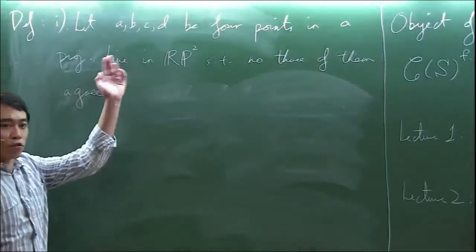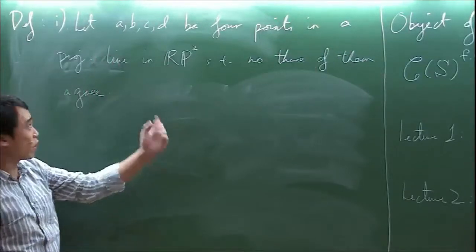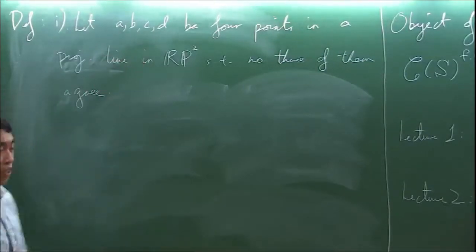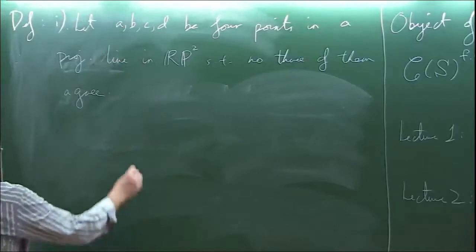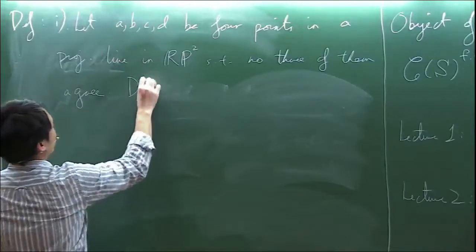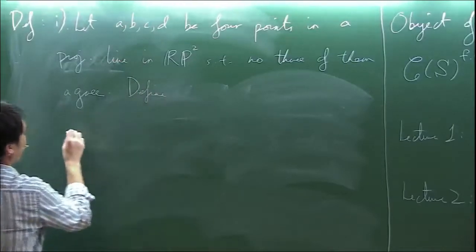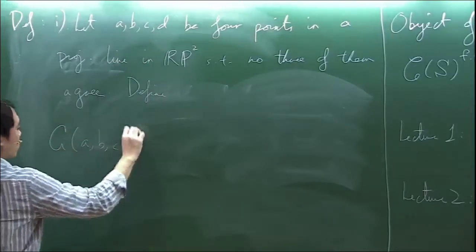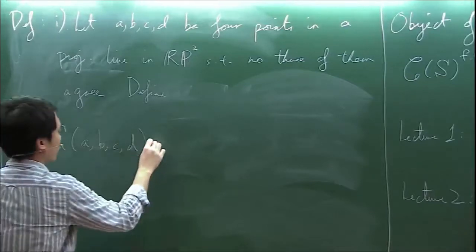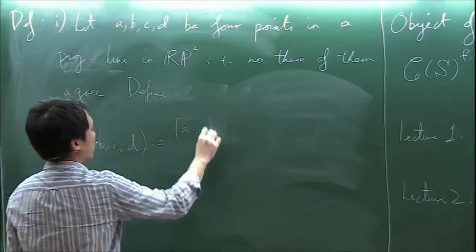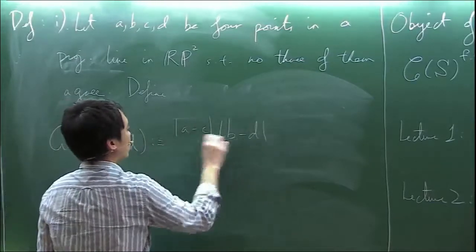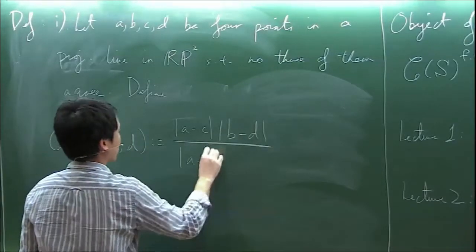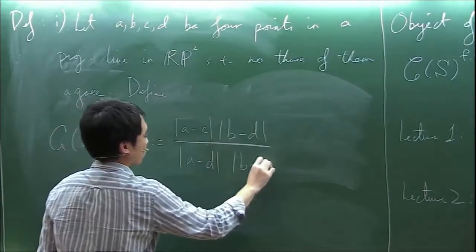You can have A equals B, C equals D, that's fine. You cannot have A, B, C all equal. Then you can define the cross ratio C of A, B, C, D to be (A minus C) times (B minus D) divided by (A minus D) times (B minus C).